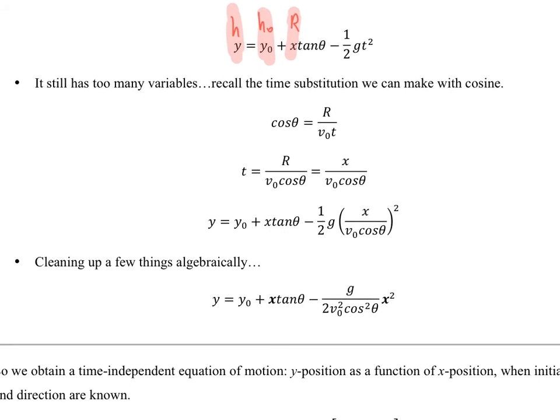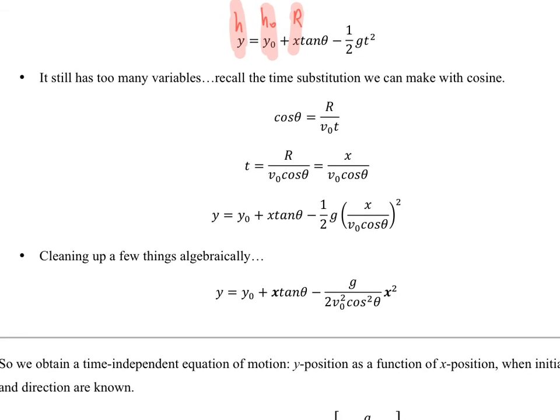Well, it still has too many variables. So let's get rid of time. This is the second time that we've taken the cosine relationship and leveraged it for a time variable to get rid of things. So we had this before, and instead of R, we go with X. That gets us into line with that, and we can plug and chug that into this equation.